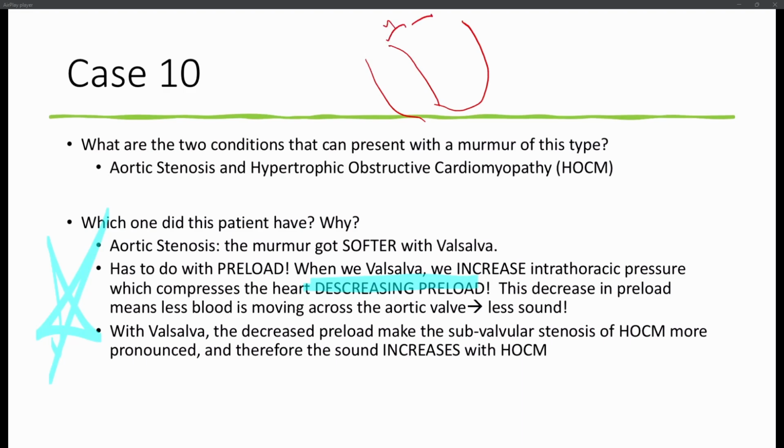There is your aortic valve up there. Blood should go in that direction, right? Because up here is your mitral valve. So blood goes in that direction. When we have HOCM, this septum pushes out and it bows out. And you reduce your outflow tract. Makes the murmur worse because the HOCM, that septum, is invading that space. This is called subvalvular stenosis.